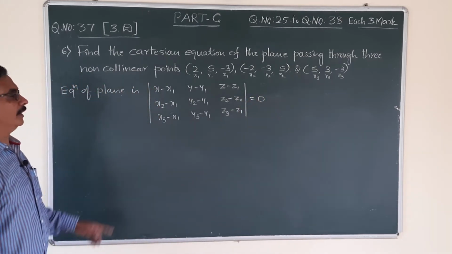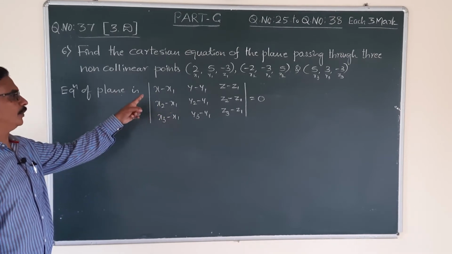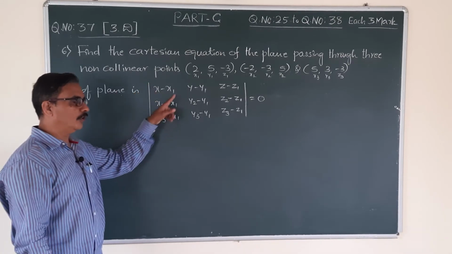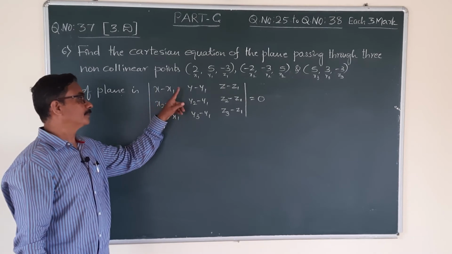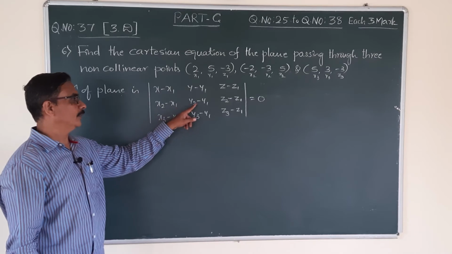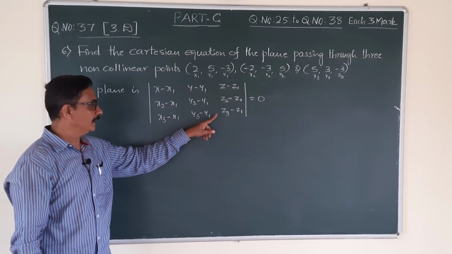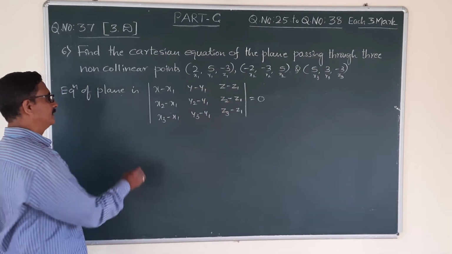Remember that formula. The equation of a plane passing through three non-collinear points is given by the formula: the determinant of these rows is equal to 0.